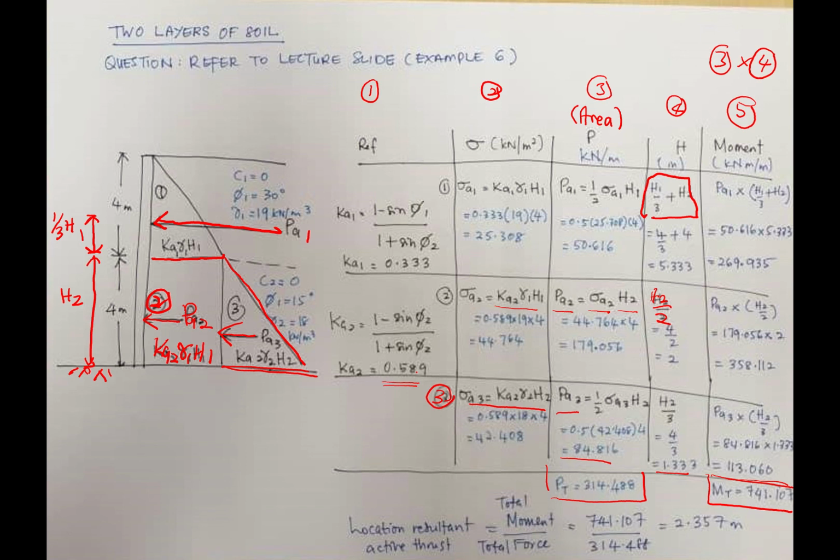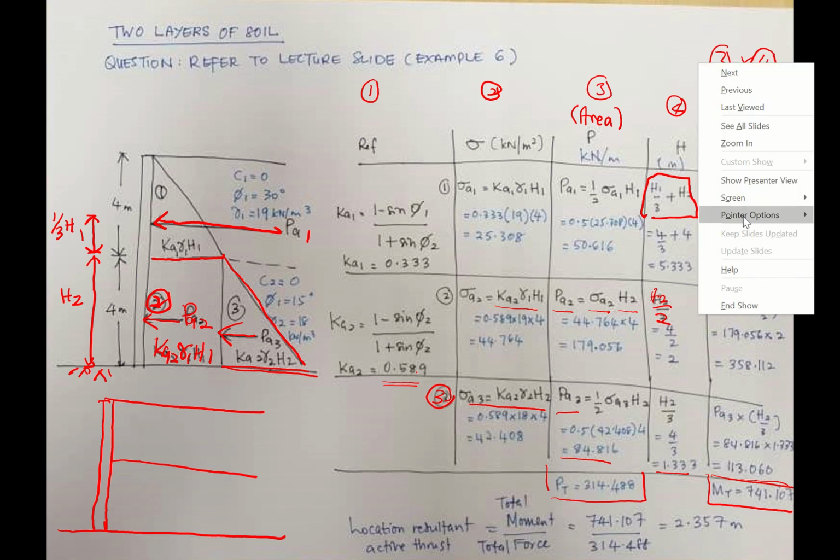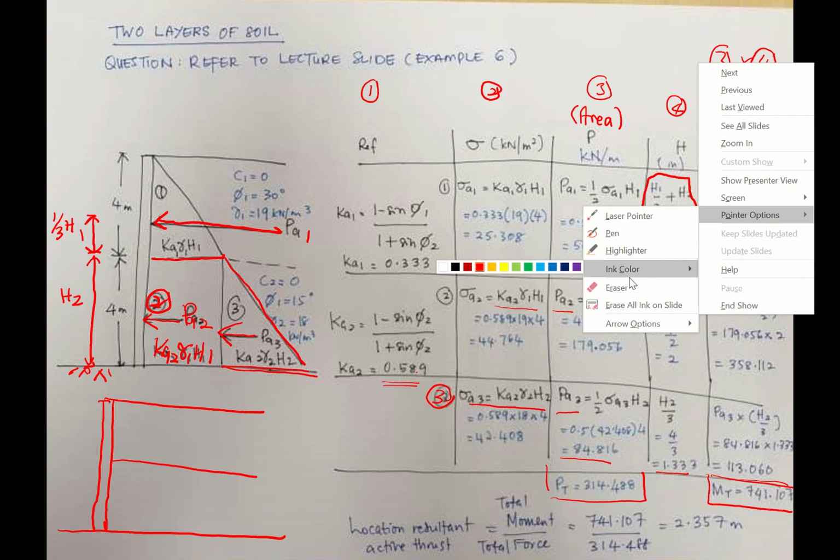Let's say they ask you to redraw this lateral pressure. From the table we can see that we have different values of stress and different values of force. This is the center line. Let's do this with different colors so that you can see.